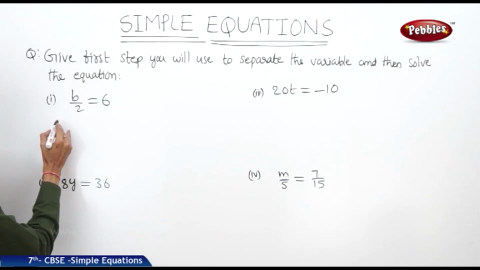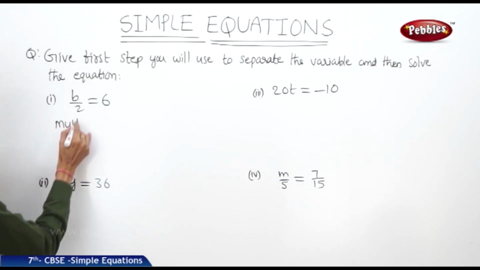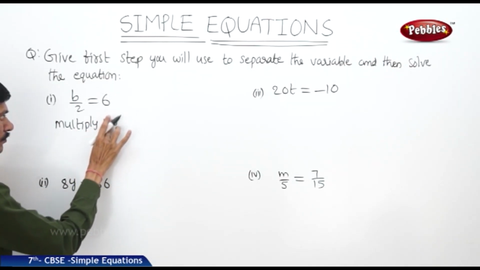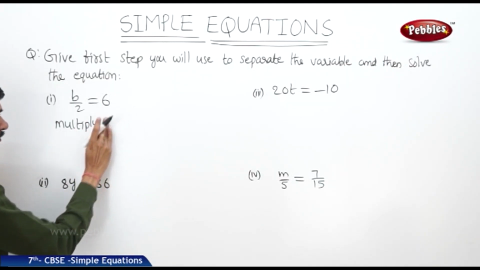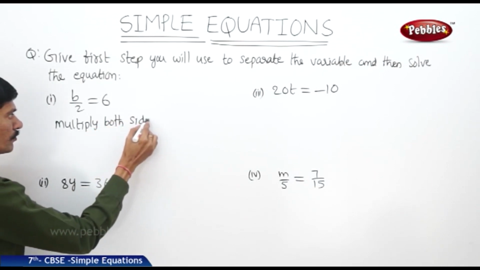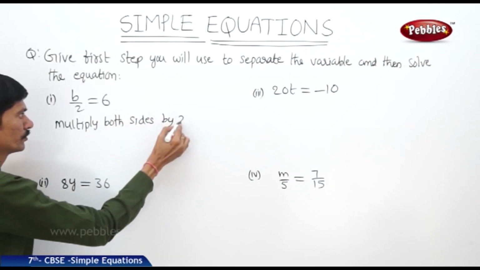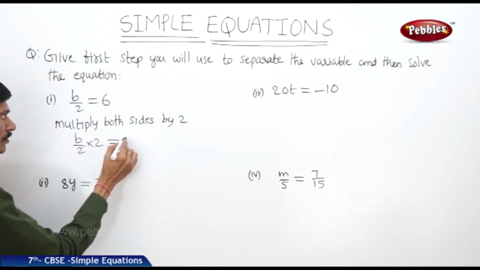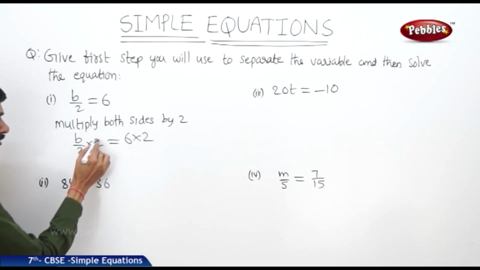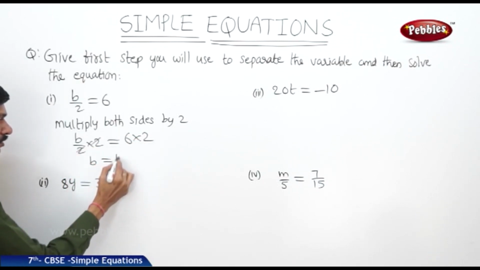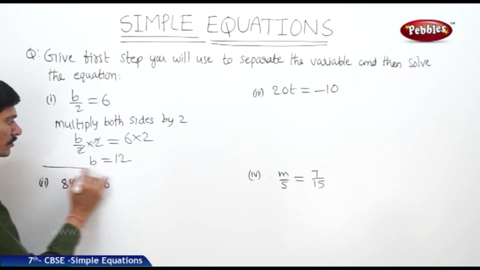So multiply both sides by 2. Then we get b by 2 into 2 equals to 6 into 2. So here 2 cancel, then b equals to 6 into 2, which is 12, is the solution.